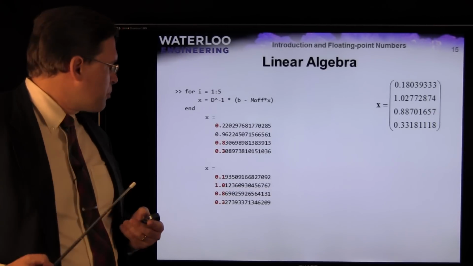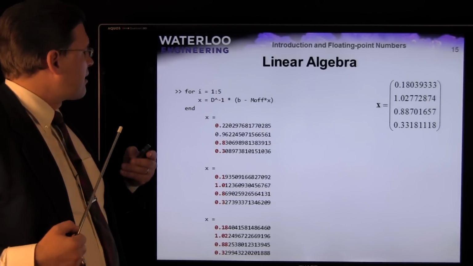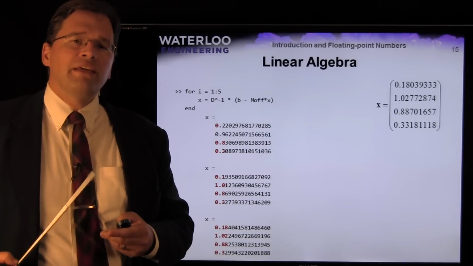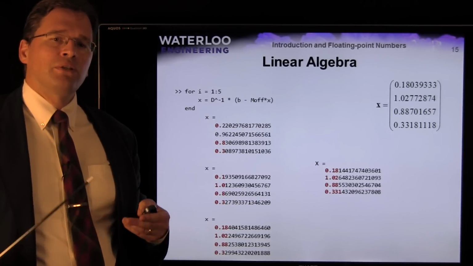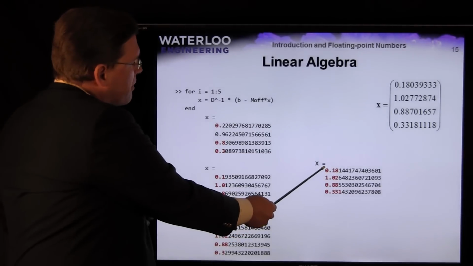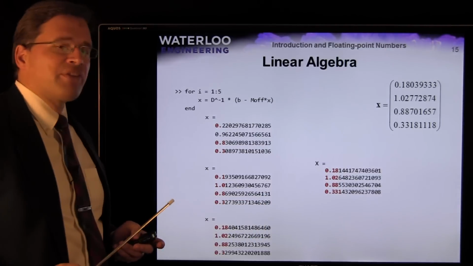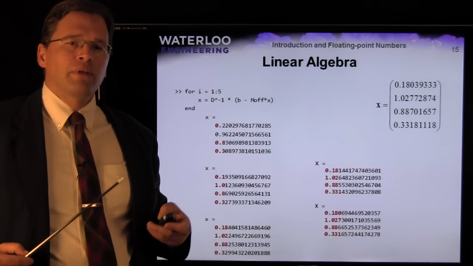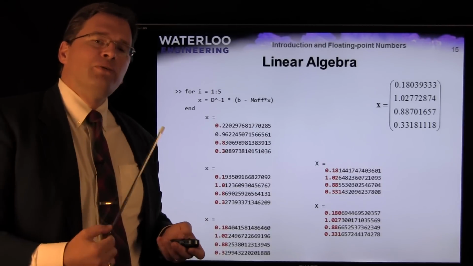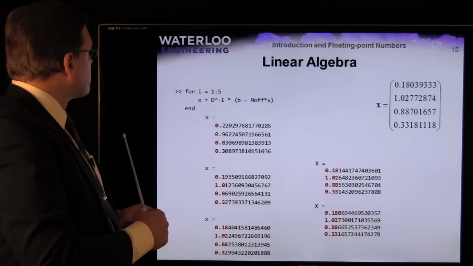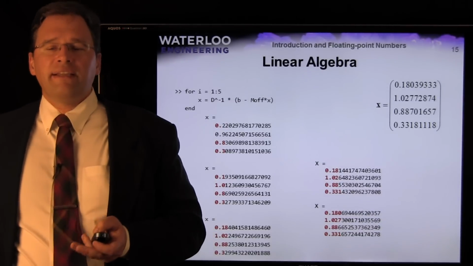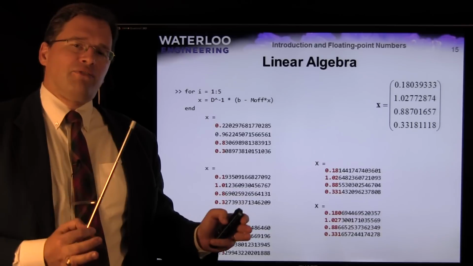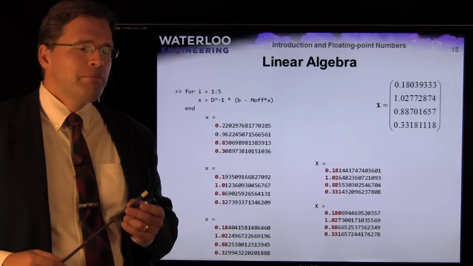If you iterate a few more times, you will see that we get more and more accuracy in each of the entries of the vector. So in theory, we could continue iterating. However, the Jacobi method is a very slowly converging algorithm.